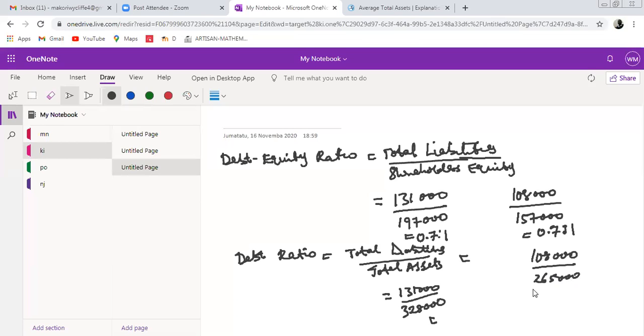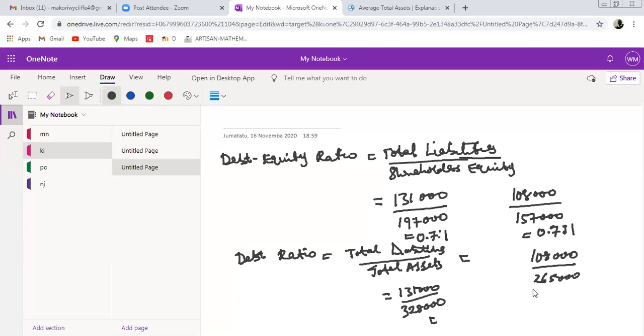You just compute the two and you are able to get that. So there are still ratios you put as to 1.